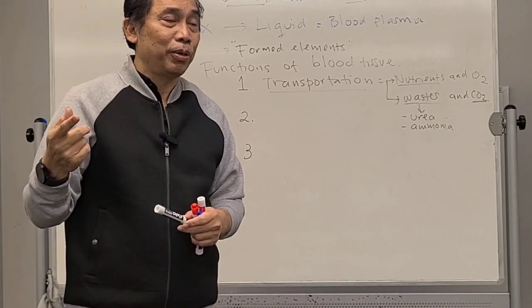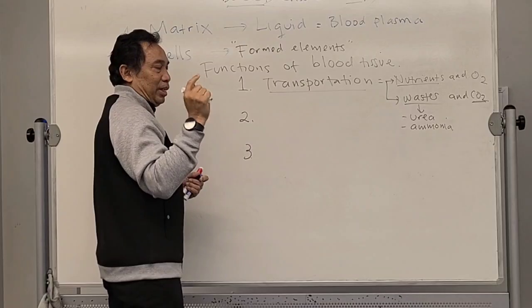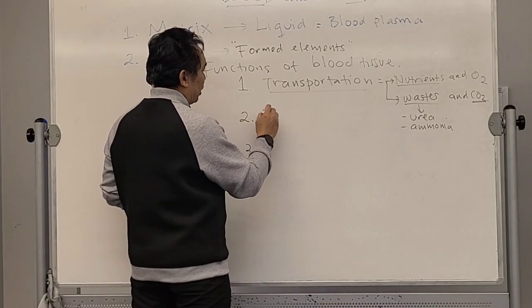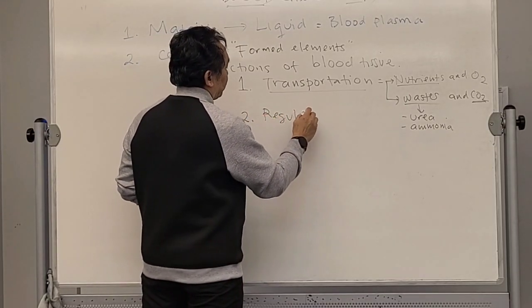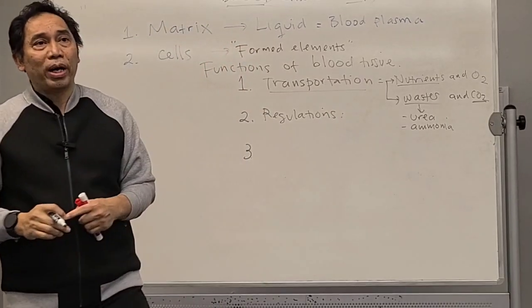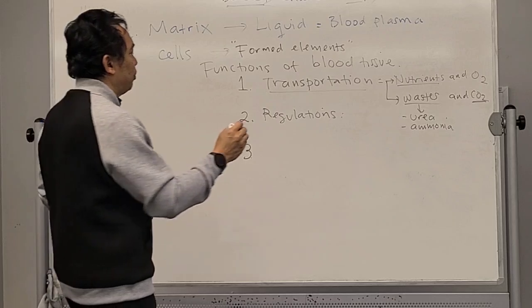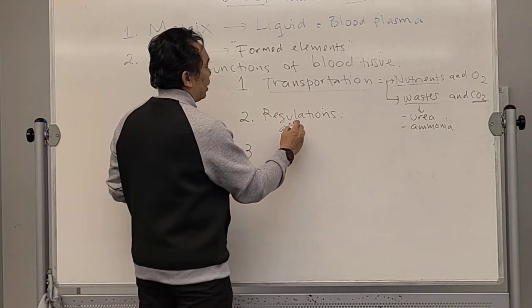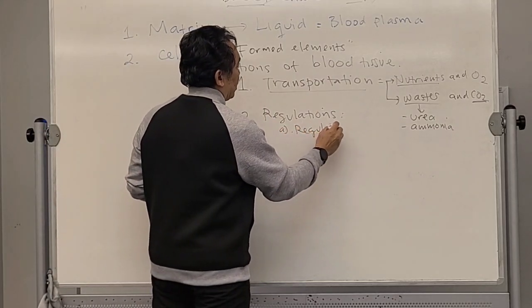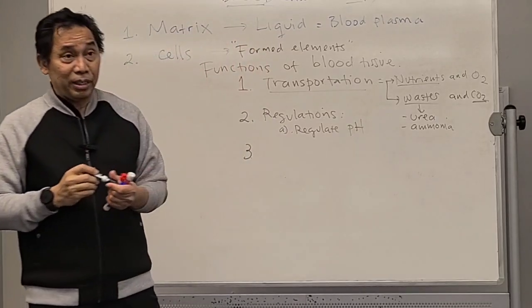Transportation. Really important. The second function is for regulation. What kind of regulation is done by the blood? First, it regulates pH. Blood pH.